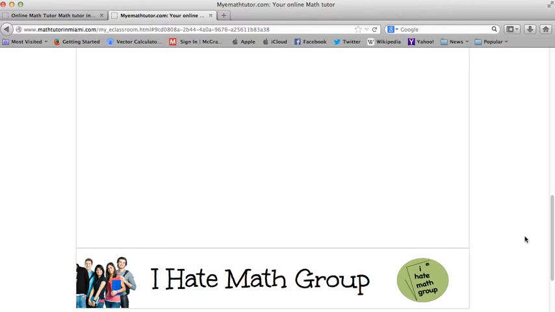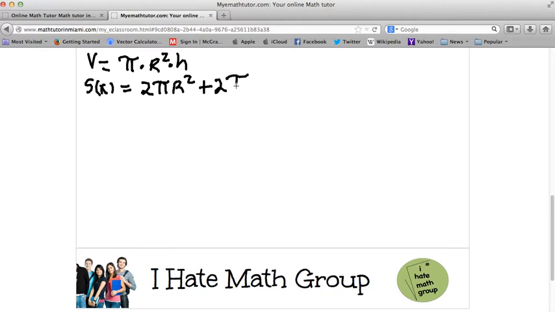So we know that the volume of a cylinder is V equals pi times r squared times h. Also, the surface area is going to be equal to 2 pi r squared plus 2 pi r h.